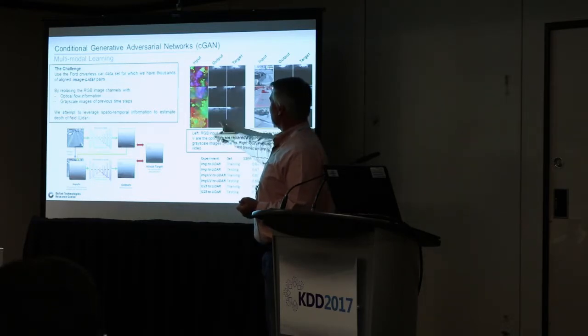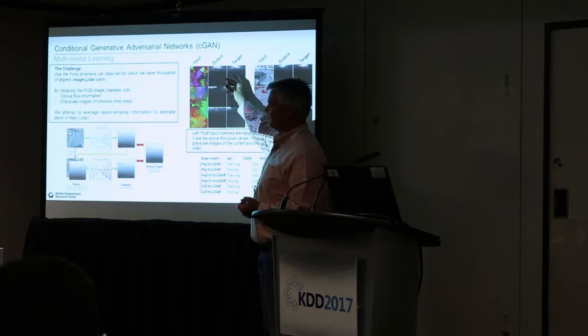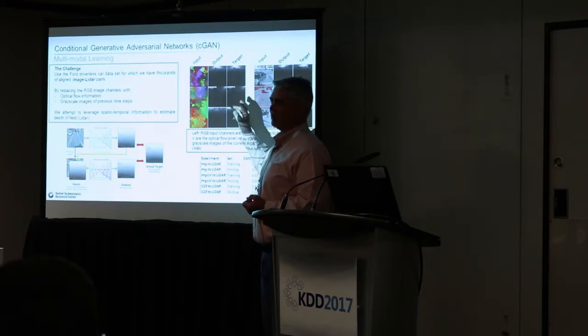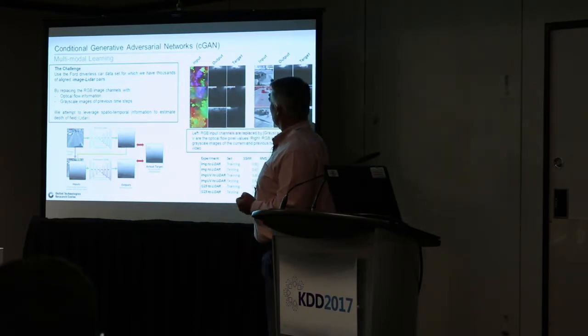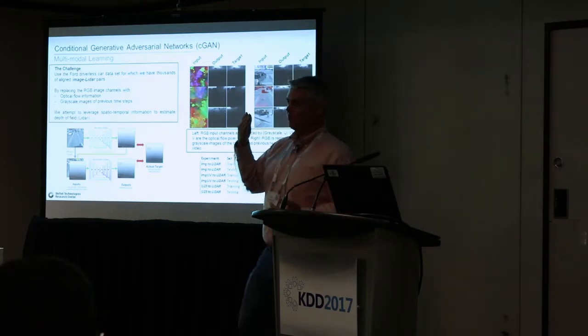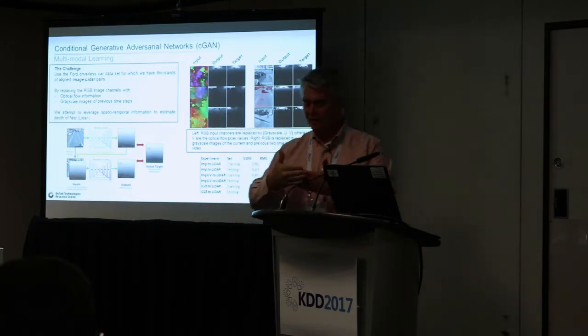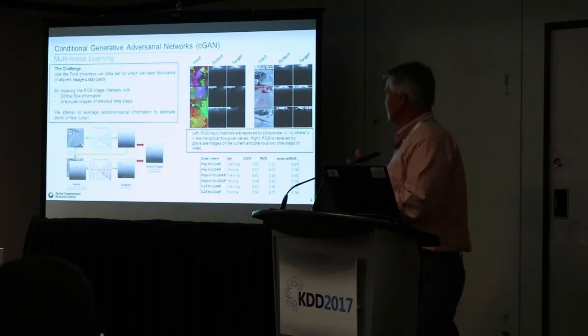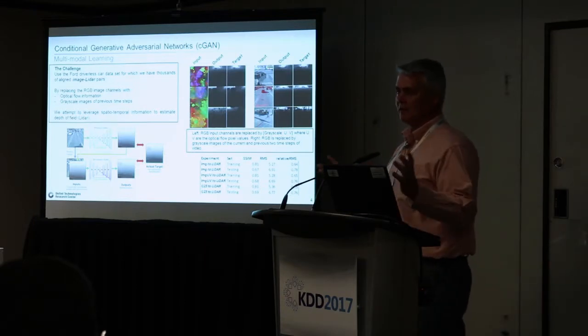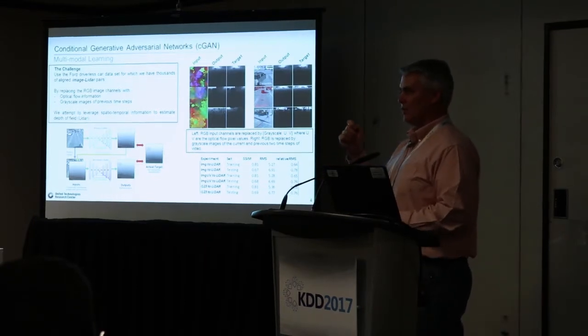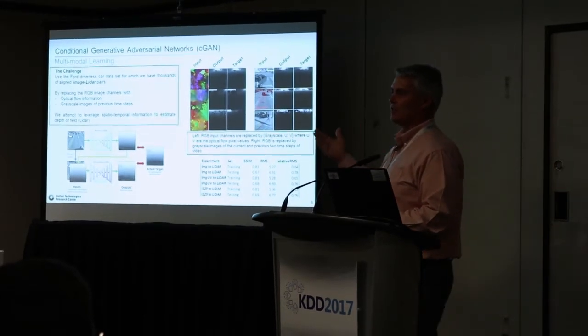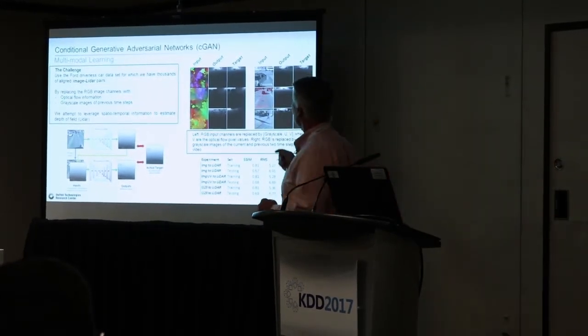And as you can see, at least visually, this is reasonable. The other one was an obvious extension, to take a sequence of frames, say in this case 3, and replace RGB by 3 time steps of the video.